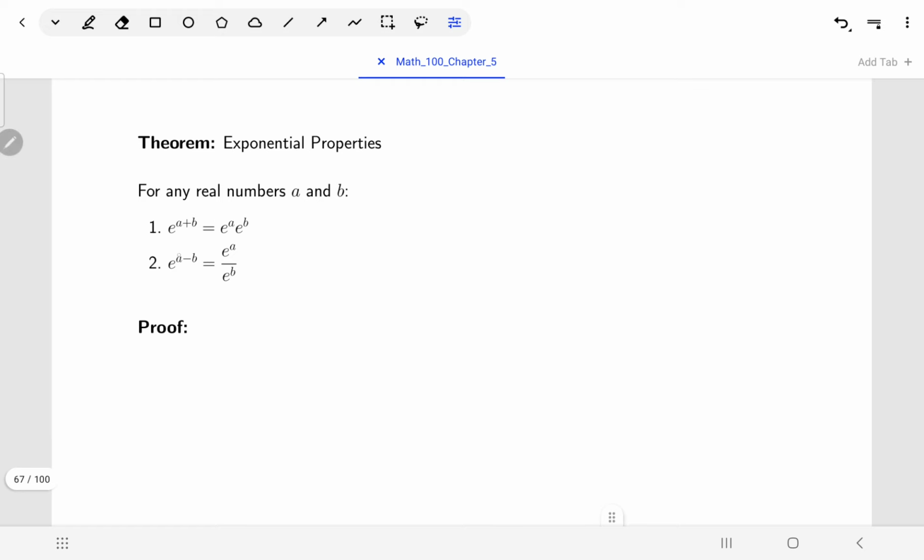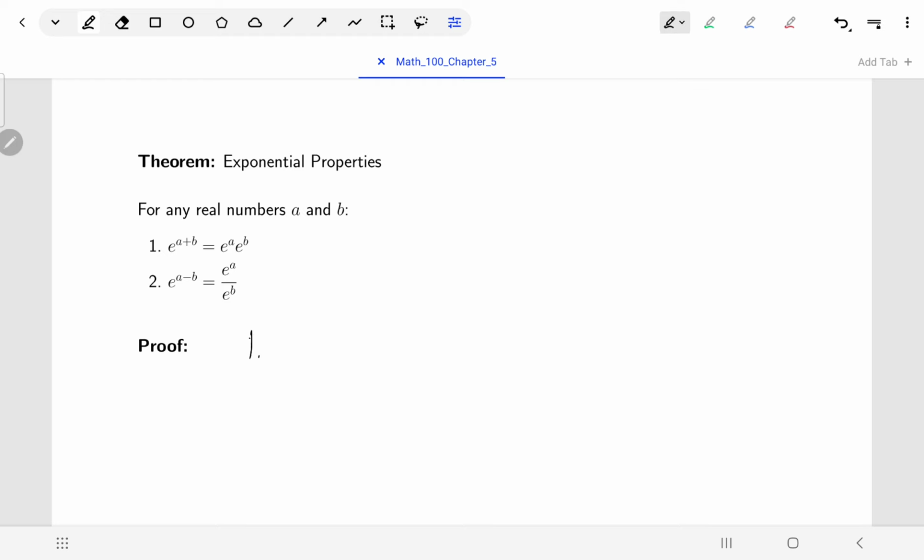So how do we know that these properties should work for real numbers a and b? Now, good news, I can confirm that these customary properties that we normally would have for any other base and for rational powers will work at least for e, for real number powers and for any real numbers a and b.